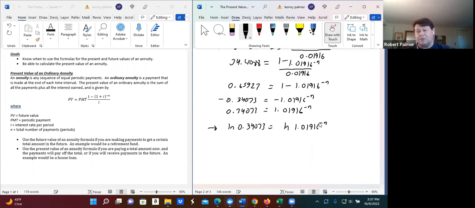And by the rules of exponents, I can bring this negative n down front. So that's going to be natural log of 0.34073, our left side still the same for now, is equal to negative n times the natural log of 1.01916. So once again, that's from the rules of logarithms.